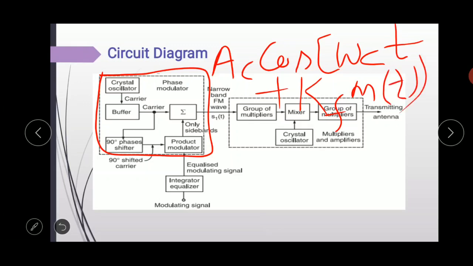But for FM, we require a signal where there is an integration of the modulating signal. So for that, here we use an integrator before applying the modulating signal to the phase modulator.